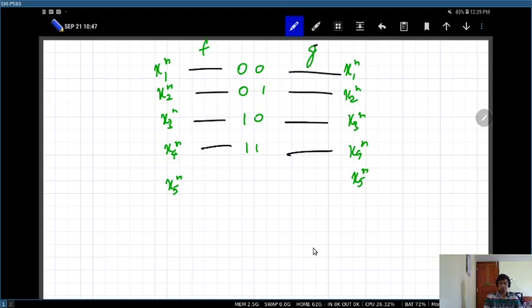And what does the decompressor do? If it gets 00 as input, it will output x1n. If it gets 01 as input, it will output x2n, and so on. So basically both f and g are going to store a table of possible input sequences and possible binary code words, right?